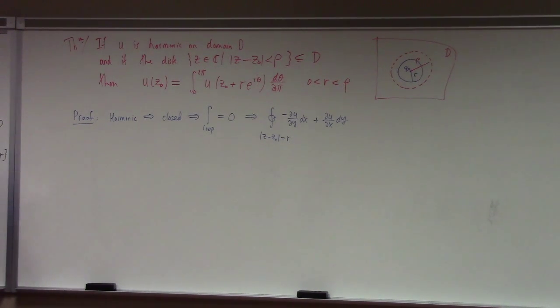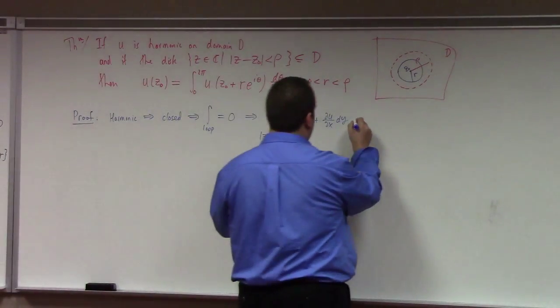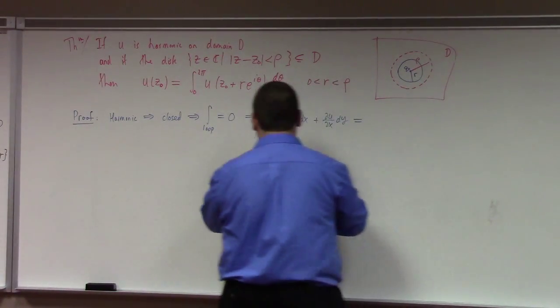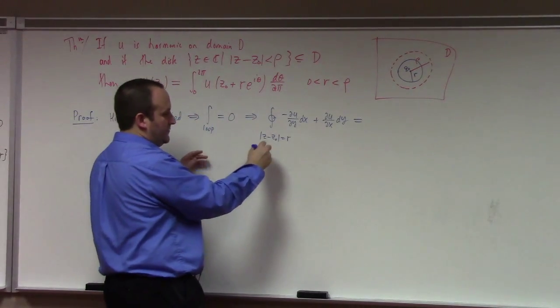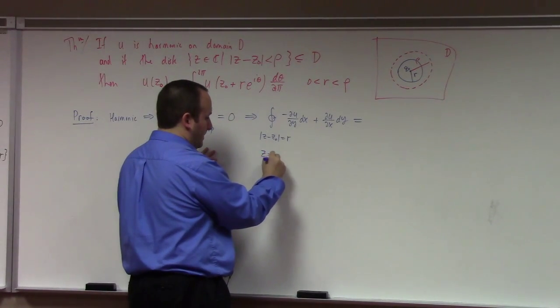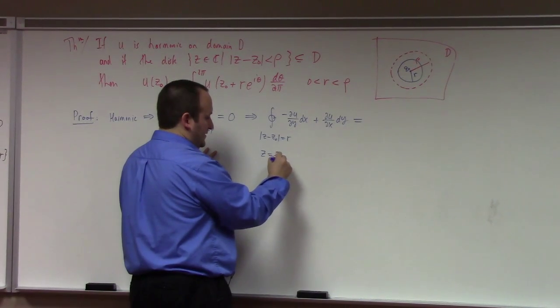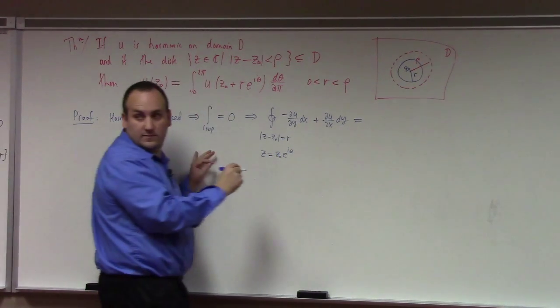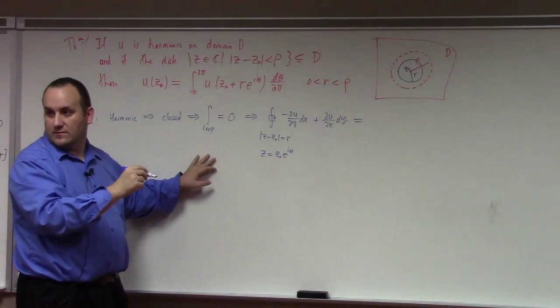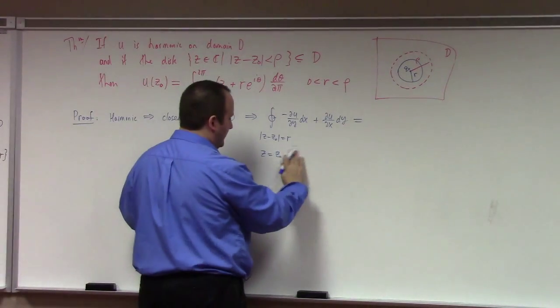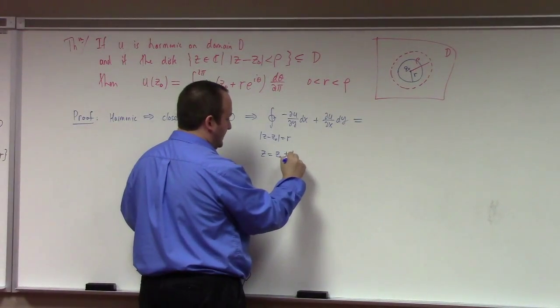Okay? Now, if we put this into detail, how do you do this integral? You put z equals z naught plus r e to the i theta.